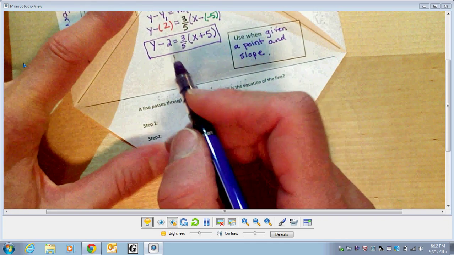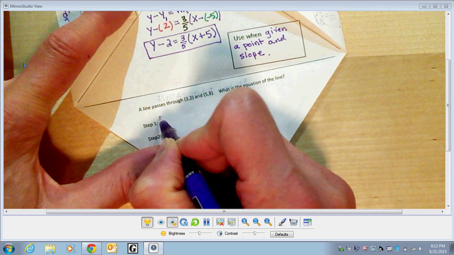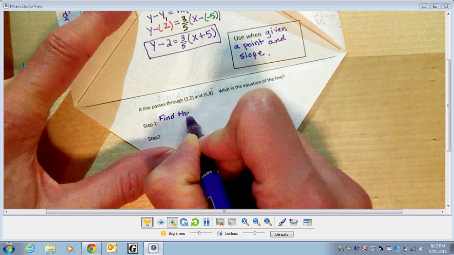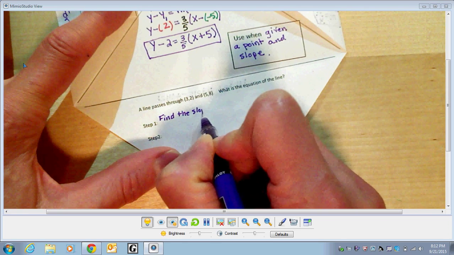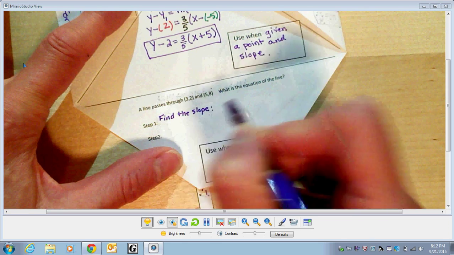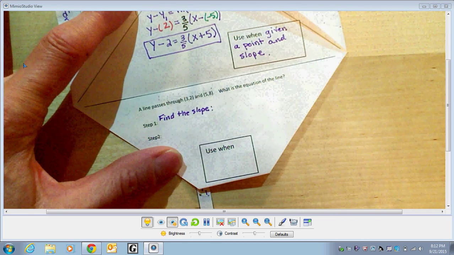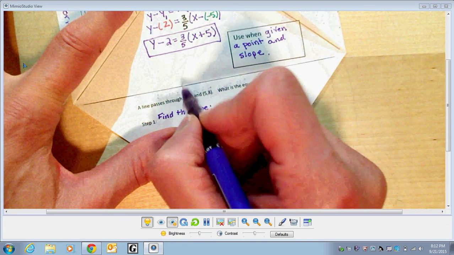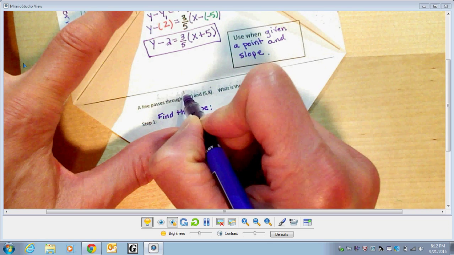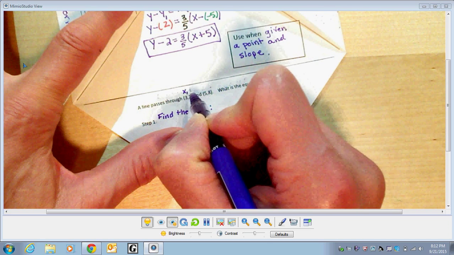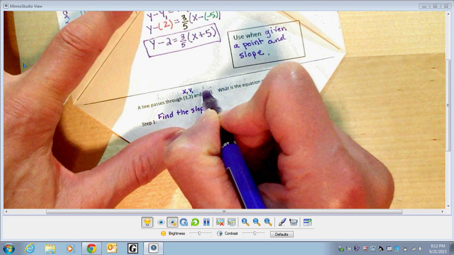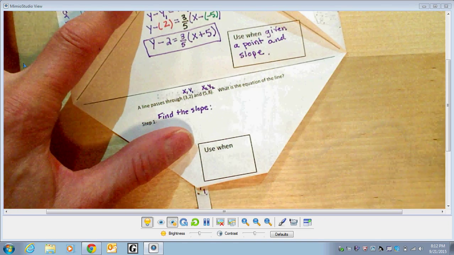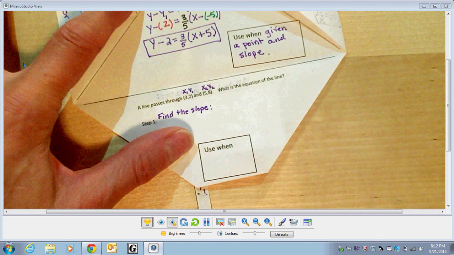So step 1 is we have to find the slope. Okay, so remember, let's just label these. I'm not going to color code it. I'm going to label this x1, y1, x2, y2. That's just a good habit to get into, okay?